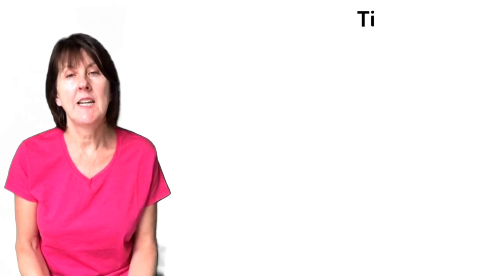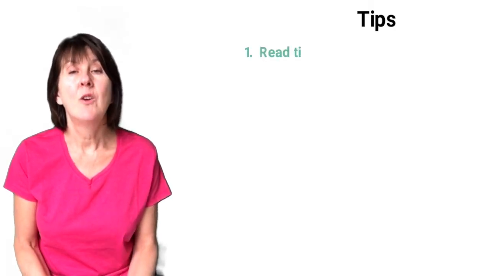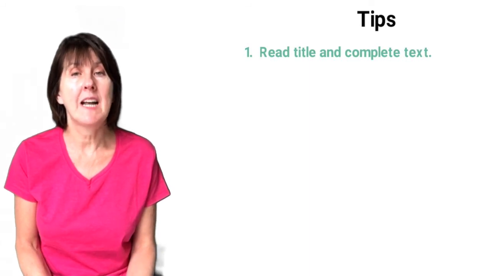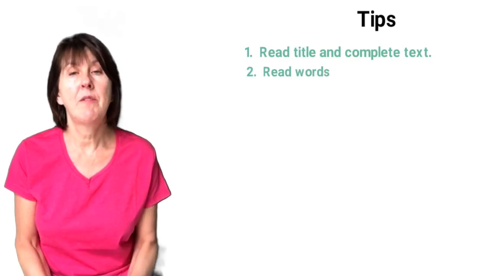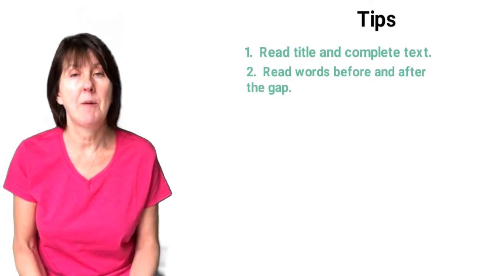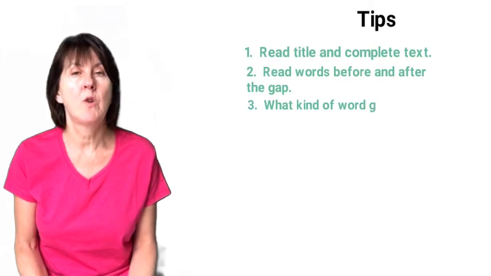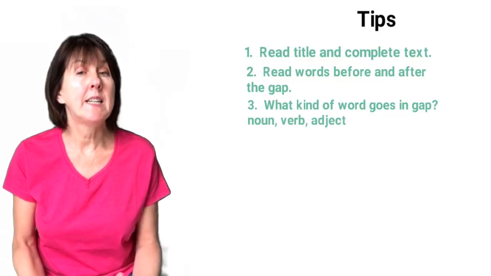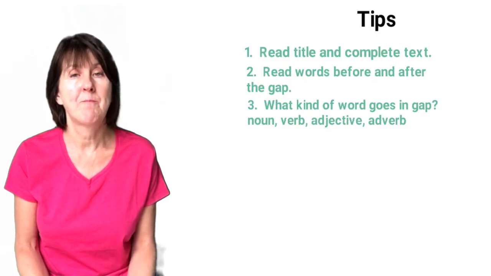So to summarise, here are my tips for first certificate reading and use of English exam part 3. Read the title and the complete text quickly to get an idea of what the text is about. Read carefully before and after each gap, and pay careful attention to the meaning of the text to help you think what kind of word goes in the gap. Is it a noun, a verb, an adjective, or an adverb?